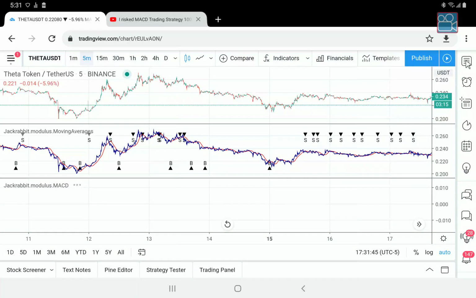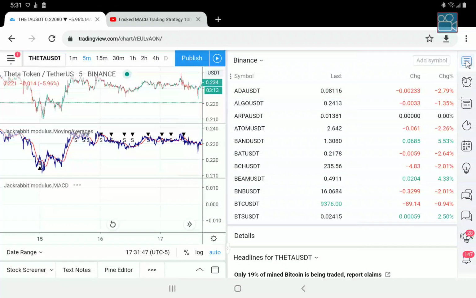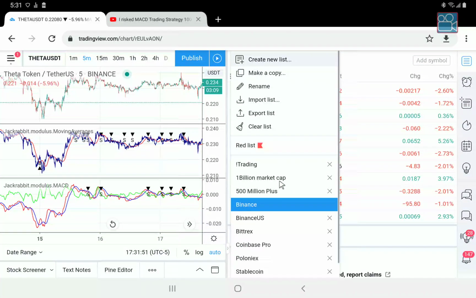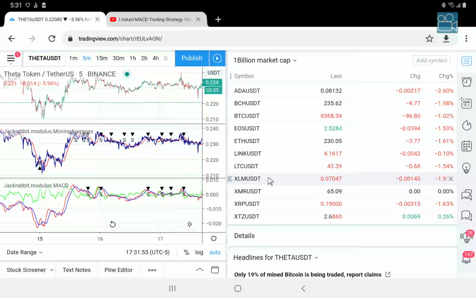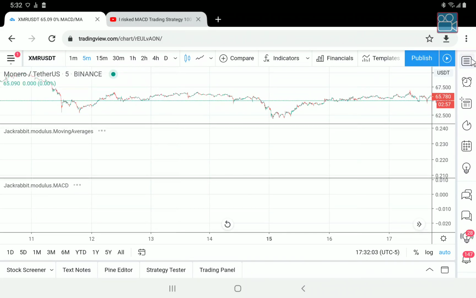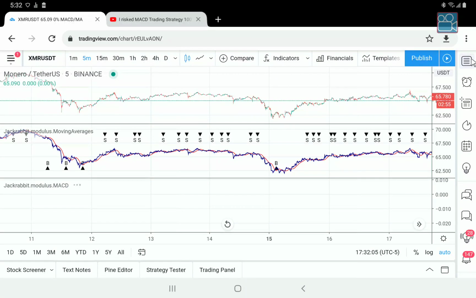Okay. Now let's go back to Binance US. Actually, let's go to the 1 billion market cap coins. A lot of people have problems with Monero. It's a strange coin. It tends to get stuck in channels quite often.